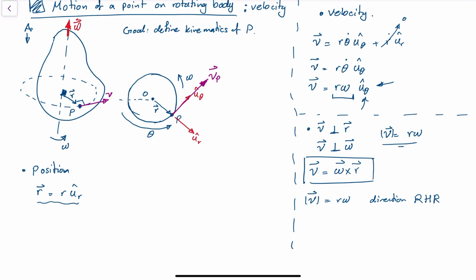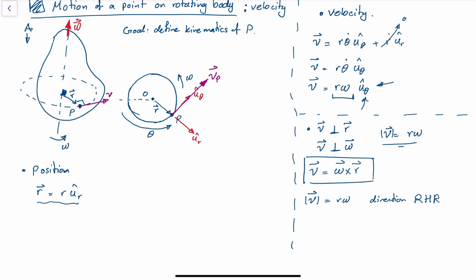Right hand rule, basically. It doesn't work very well with curling. But start by pointing your fingers toward omega, then curl them toward r.